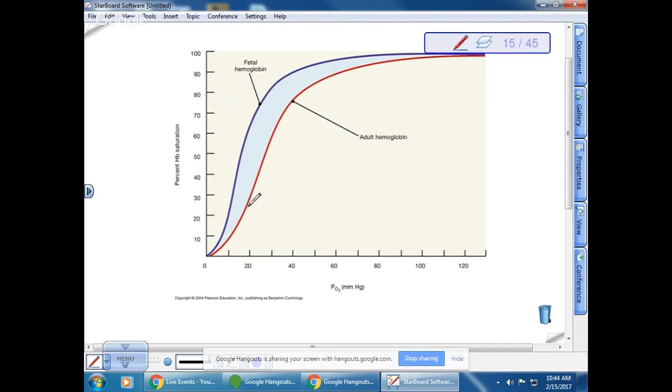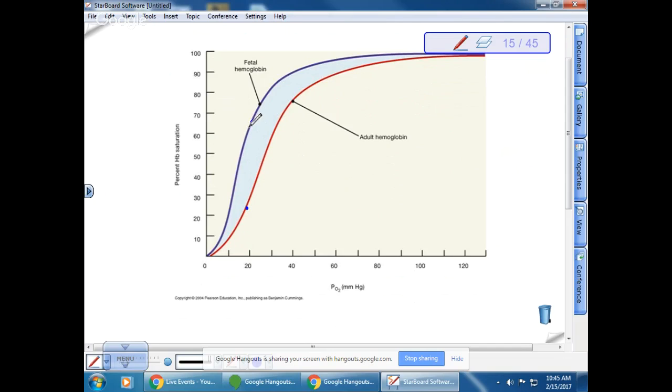So if we look right here, right, 20%. Up here, at 20%, the fetal hemoglobin, if I draw my line, is way up here, right? And so what this means is that at low oxygen levels, adults will give off oxygen but the fetus will take it up.